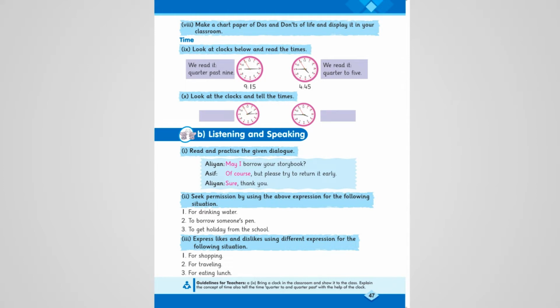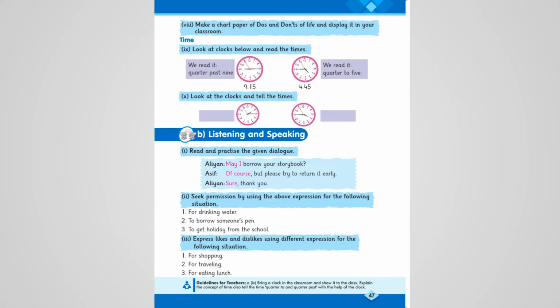So let's solve the exercise. In your textbook on page number 47, you can see that there are some sentences already given. What you all need to do is change these sentences into seeking permission. See the first statement: drinking water. For drinking water, you need to ask someone to drink water.